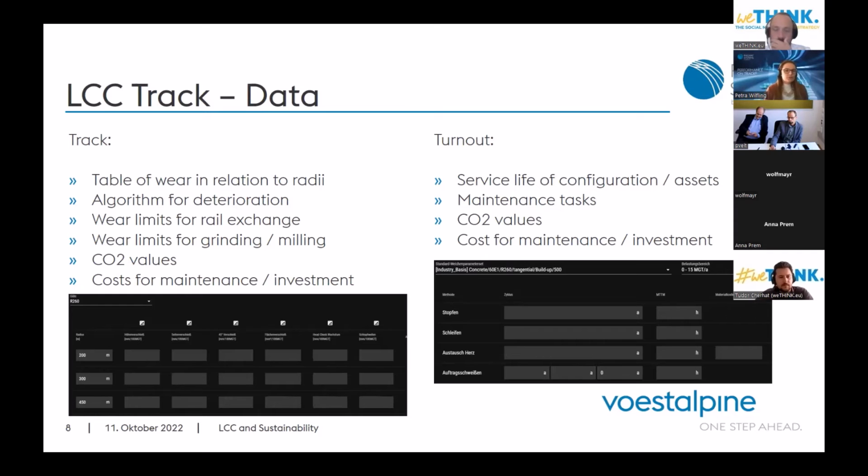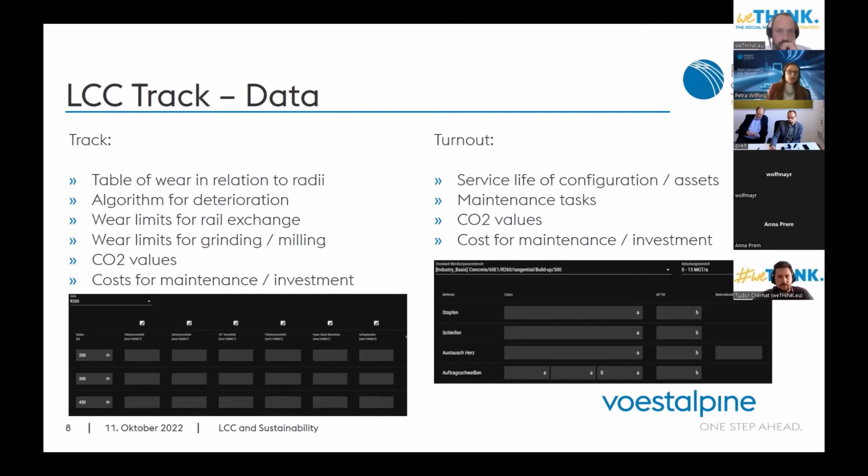There's also an algorithm for deterioration behind all the interface, and the wear limits for rail exchange, or for example for grinding and milling, are specially chosen for each customer, regarding their operational boundaries.